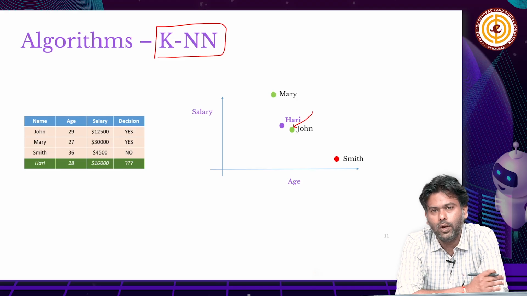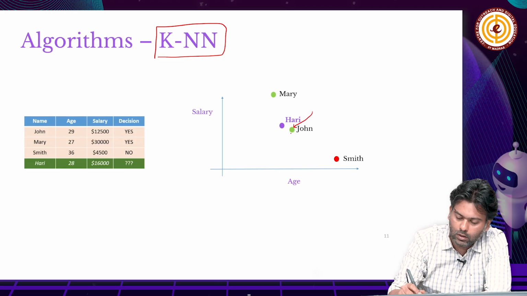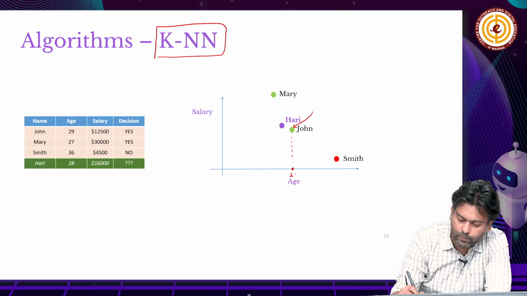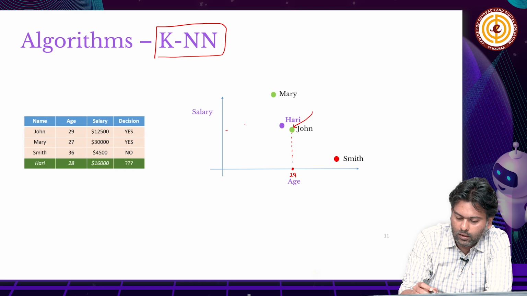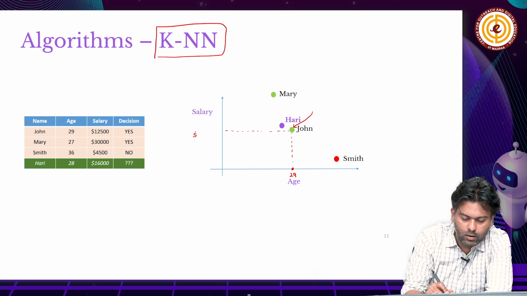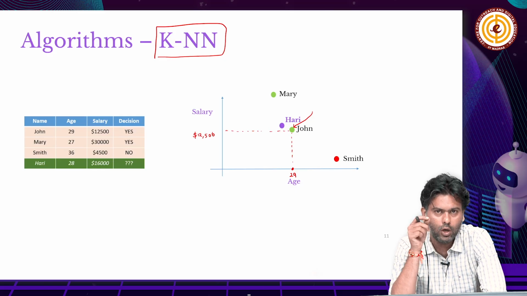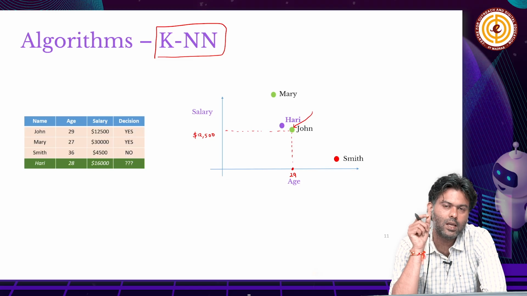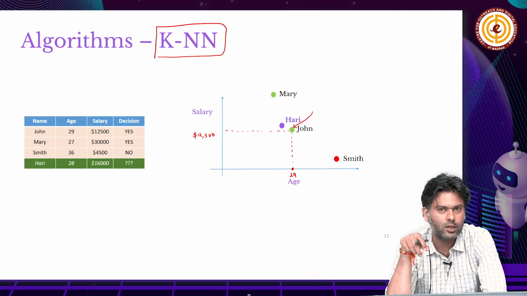Now what does this point mean? This point means John's age is, in this particular case, 29, and John's salary, which is the y-axis, is $12,500. So John becomes a single point in this two-dimensional space.